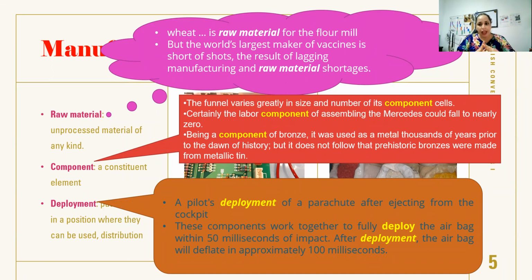After deployment, the airbag will deflate in approximately 100 milliseconds. You see how I pronounce it? You can say it one way, or you can say it the other way. It's the same meaning, the same understanding. Both are correct. Let's go to the next one.